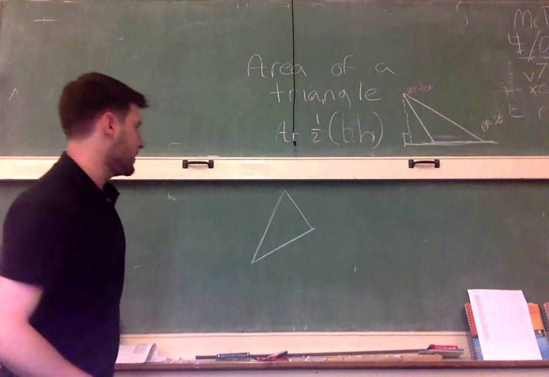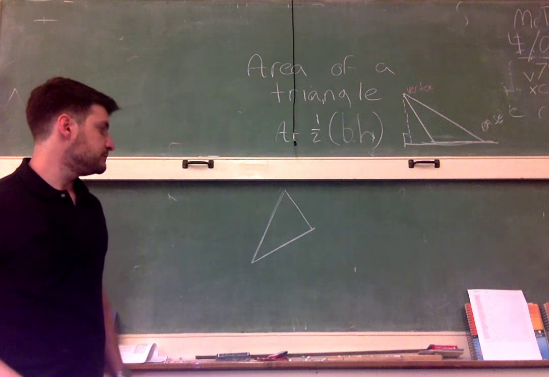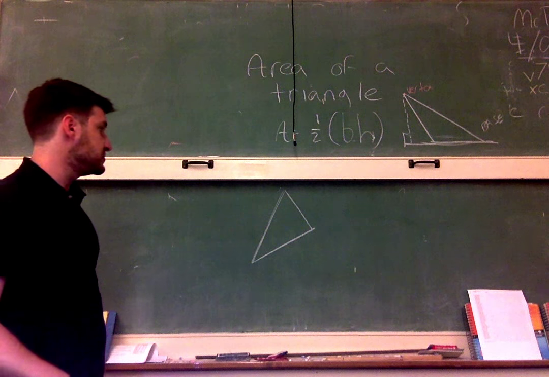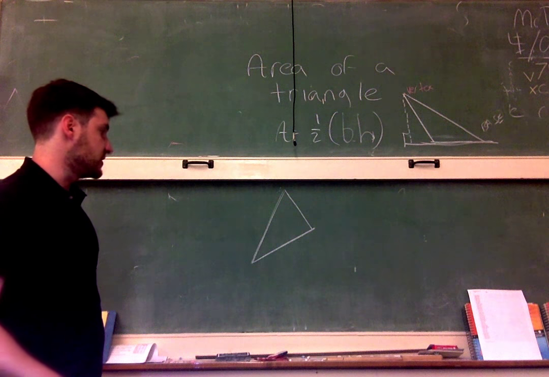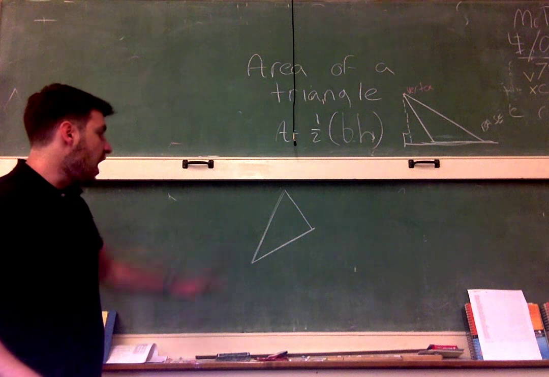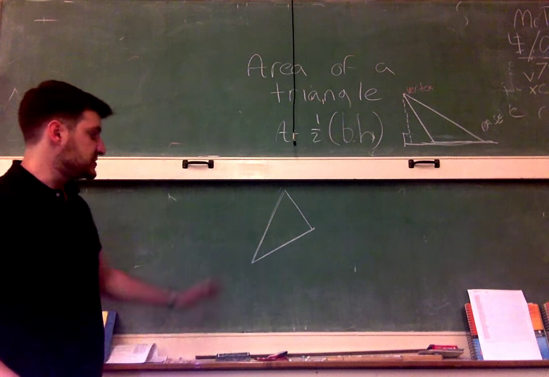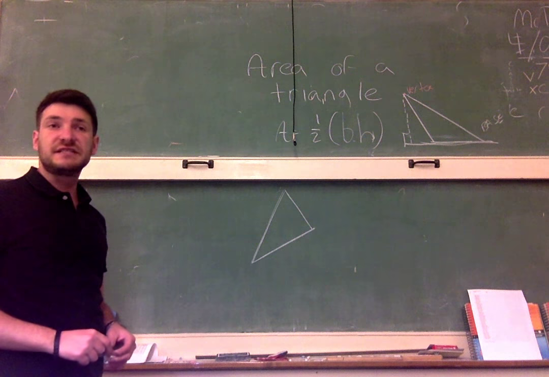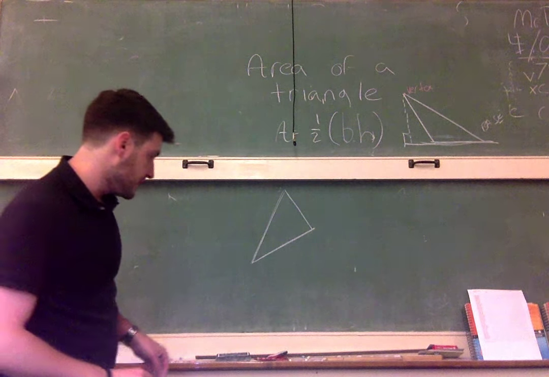Here's my acute triangle. Now, I need to establish a base first. Obviously, there's no way I can lay this flat. It's not shaped flat yet. So I need to decide which one is going to be my base.